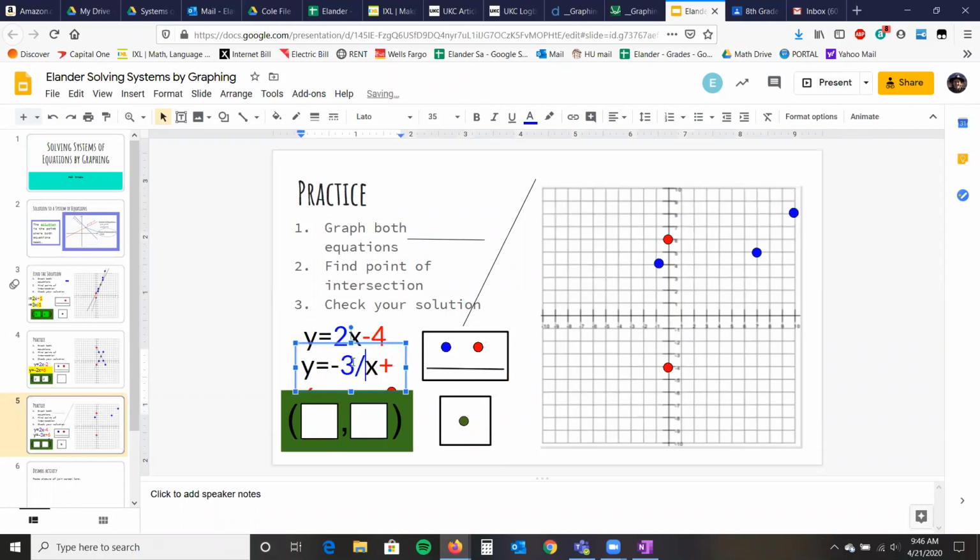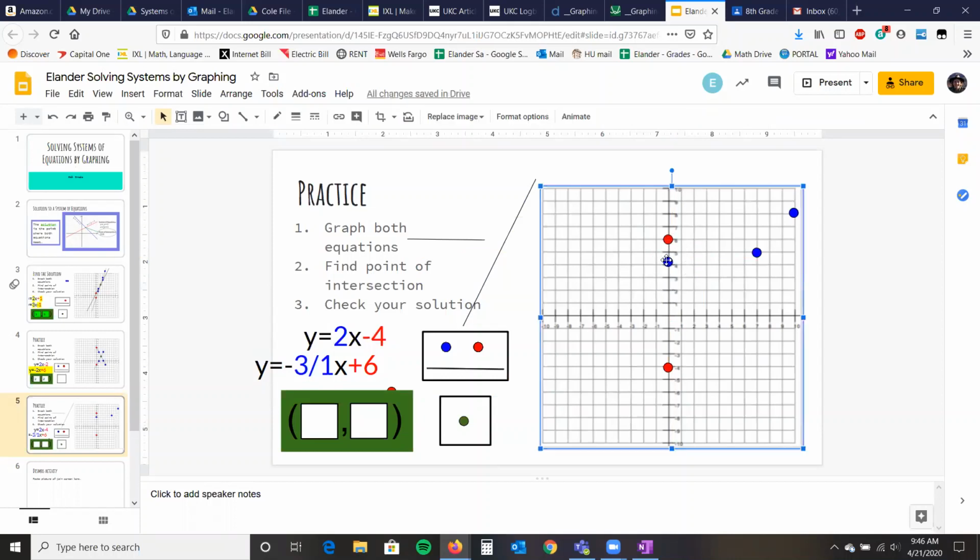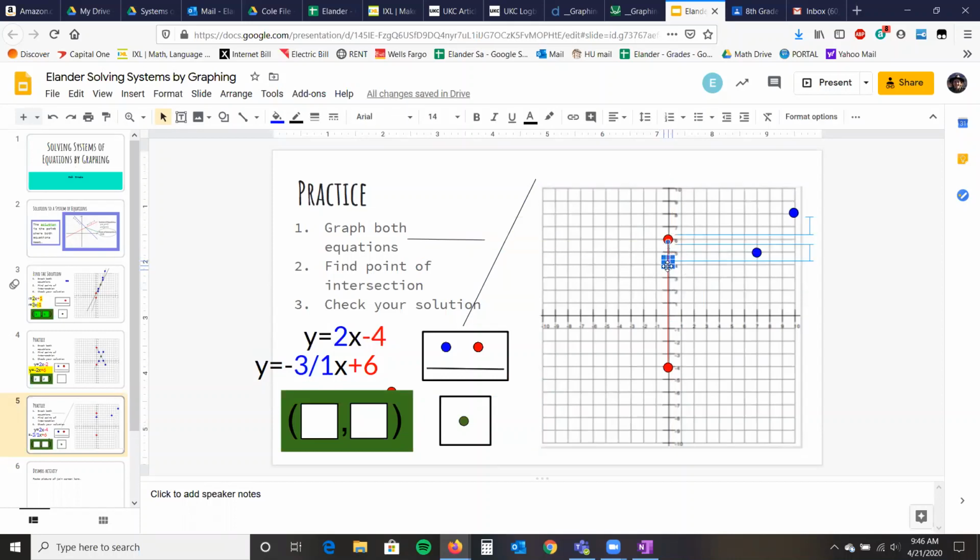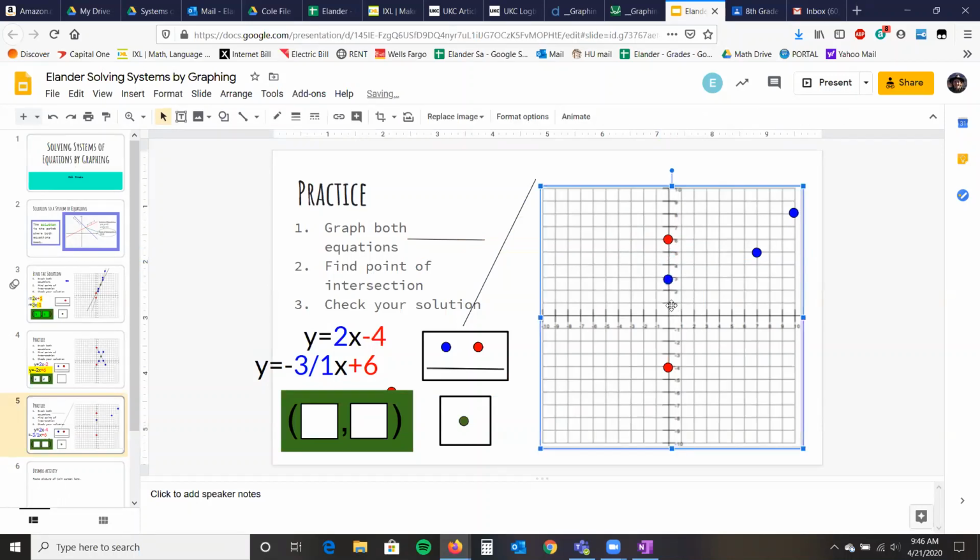So I could say -3, or I could call the slope -3/1. The only reason I would make it look like -3/1 is so I can think rise over run. So rise of -3, that's really going down, isn't it? Rise, quote unquote, of -3 makes it go down 1, 2, and 3. Okay, so down 3, right 1.